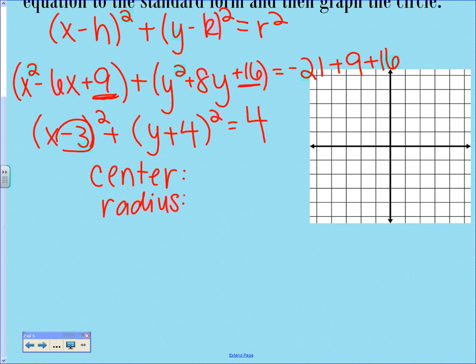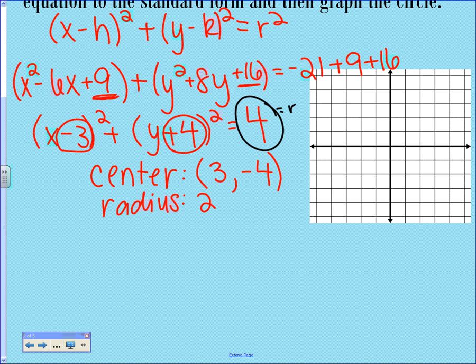It's this number and this number, but what do you have to do to them? Change the sign. So it's going to be a 3 and negative 4. And then what is our radius? A 2. This little 4 is r squared. So r has to be 2.